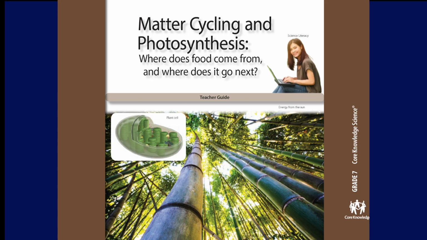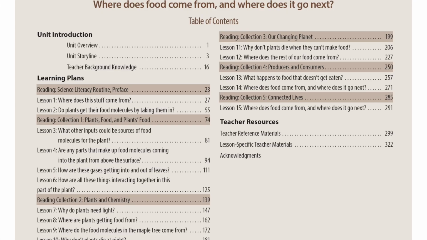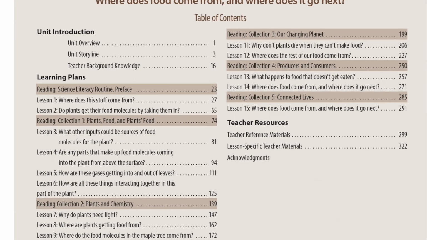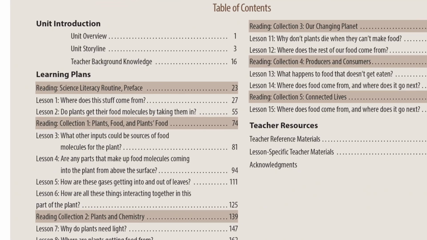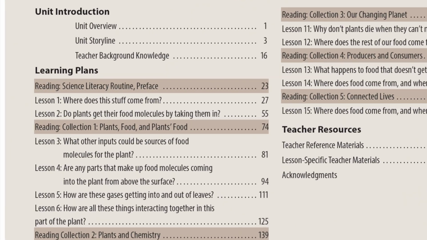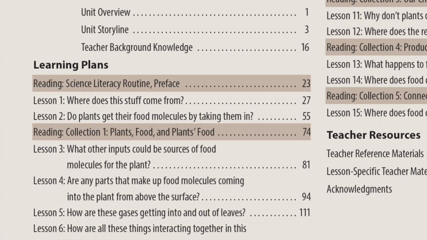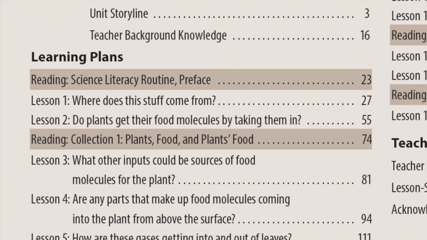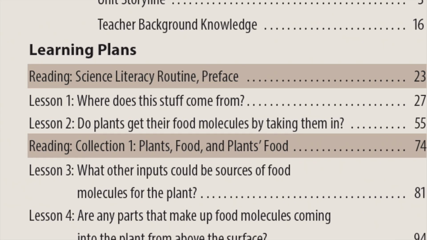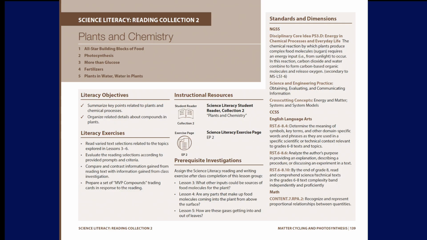If you open any teacher guide, such as this one, and you turn to the table of contents, you'll see that certain lessons are highlighted by a color bar. These lessons that are highlighted are those which are student reading lessons. And the teacher guide has a lot of information about how to use these lessons.